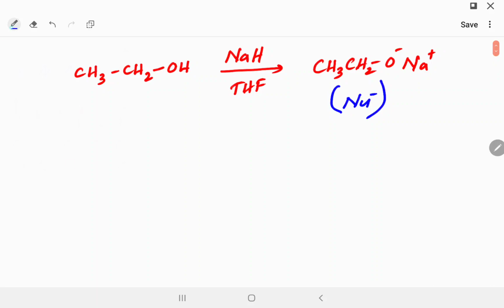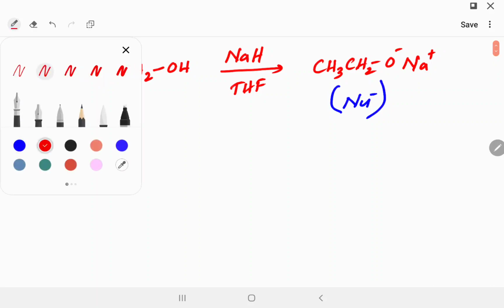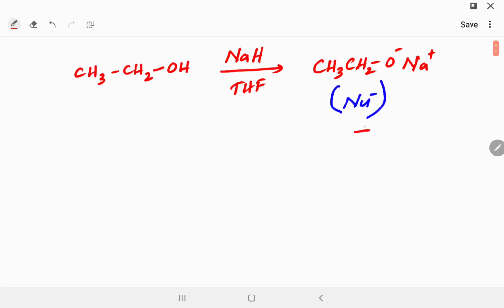For this alkoxide, you are adding a primary alkyl halide. Let's use methyl iodide or methyl chloride. Let's use a different color.